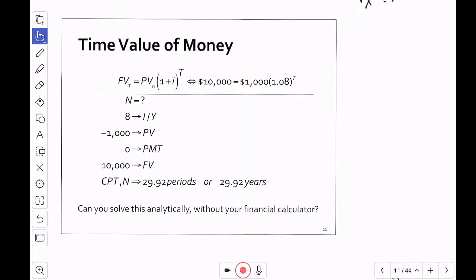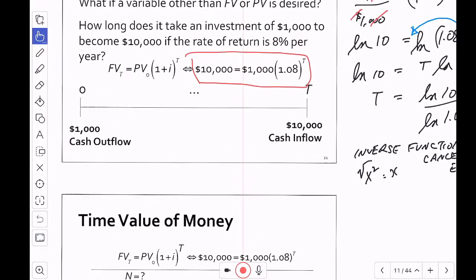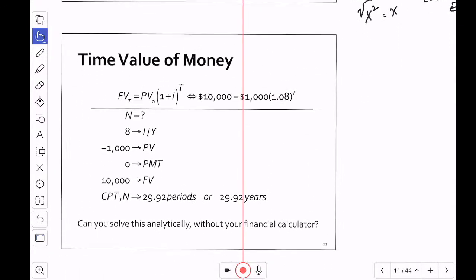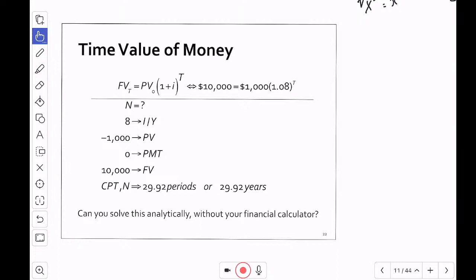So to enter this from left to right, making present value a negative, how did I write it here? Let me make sure. Right, it's an investment of 1,000, so it has to be a negative, because that's an outflow.